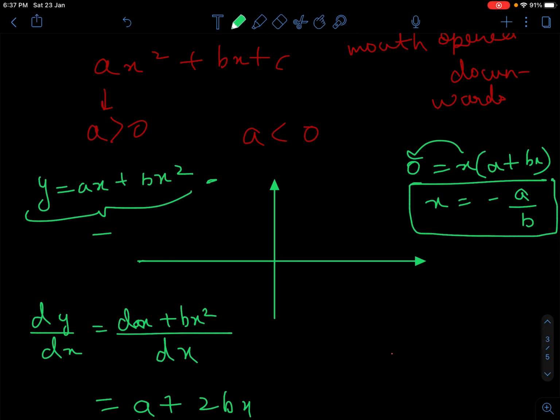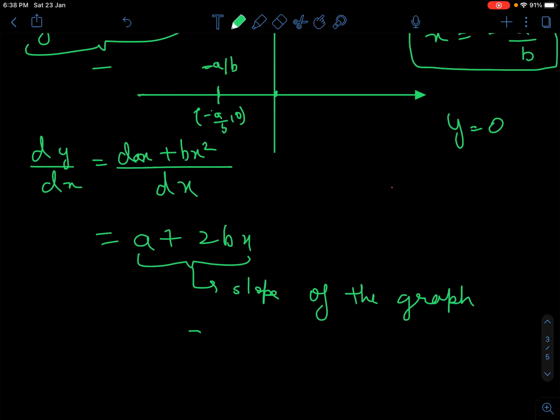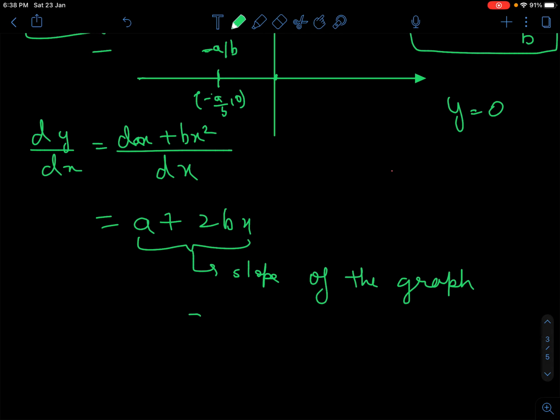That means at x is equal to minus a upon b, y will be 0. This coordinate is minus a by b, comma 0. And at x is equal to 0, y is equal to 0. Now we have to check whether the slope is negative or positive.